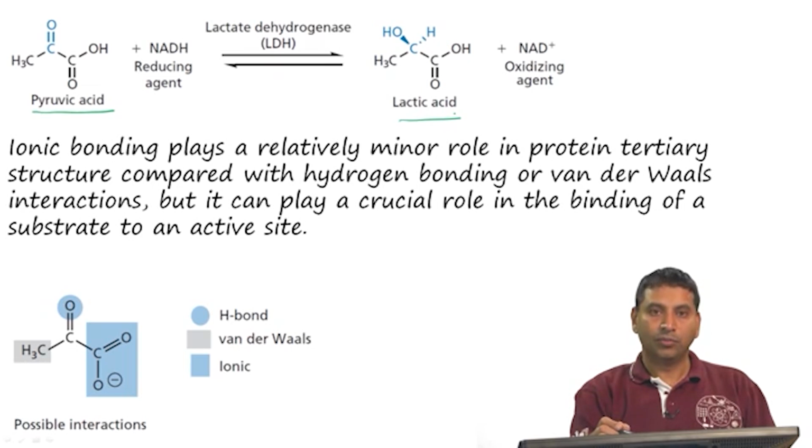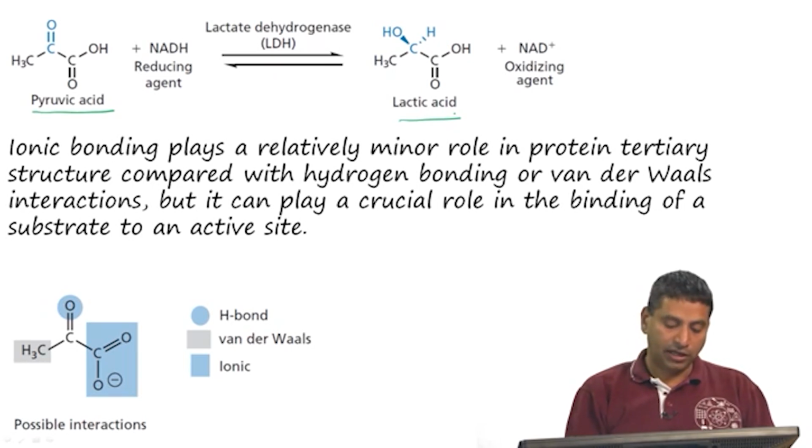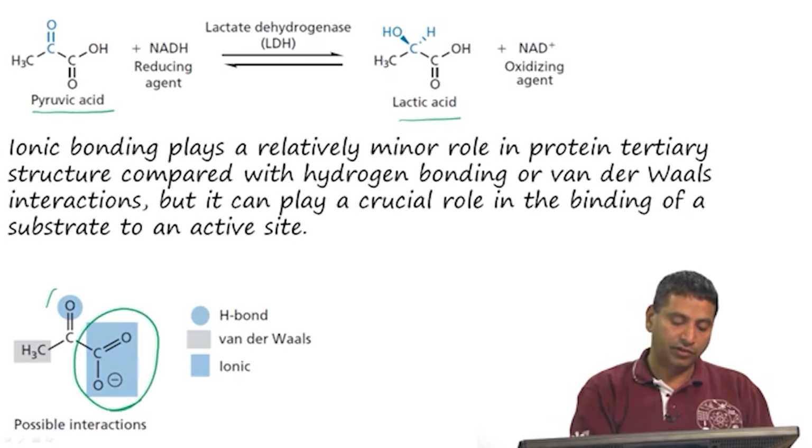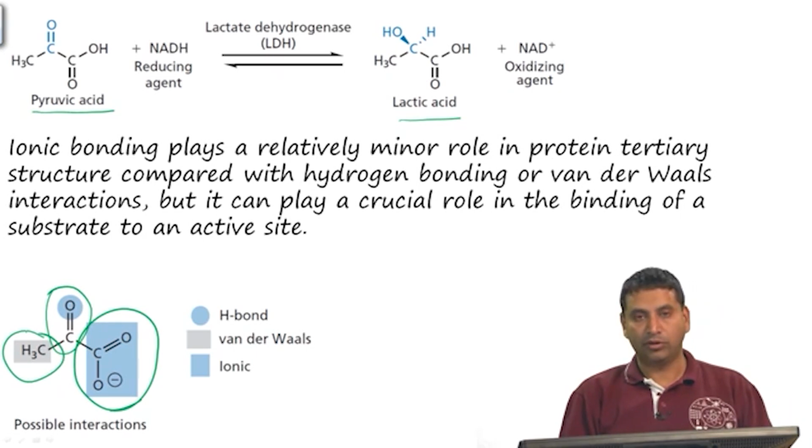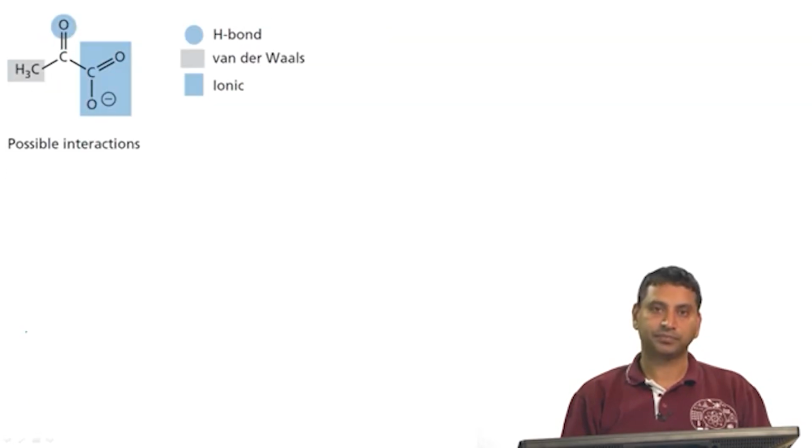Okay. So, the possible interactions that we have looked at in the past are the ionic interaction, which is shown here, hydrogen bonding interaction, and hydrophobic interactions or van der Waals interactions. Ionic bonding plays a relatively minor role in the tertiary structure compared with hydrogen bonding or van der Waals interaction, but it can play a crucial role when it is binding to the substrate of an active site.